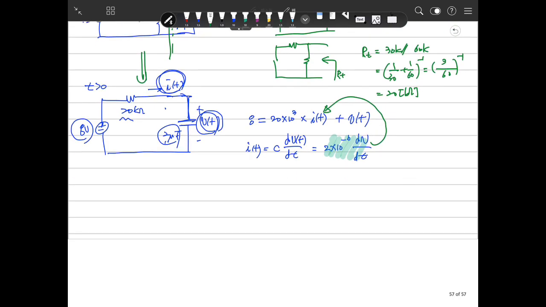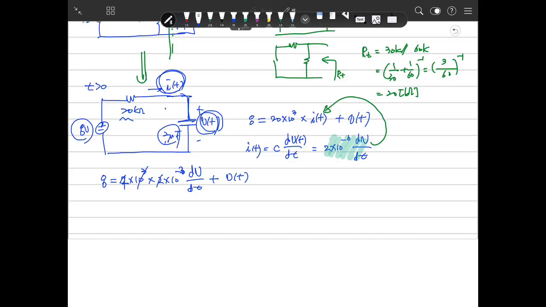So our equation can be written again as 8 equals 20 times 10 to the 3 times 2 times 10 to the minus 6 dVT/dt plus VT. So that will be written here.